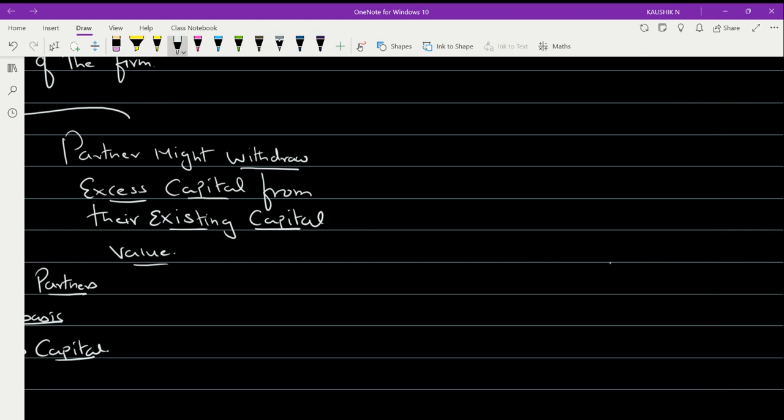Okay, in this also we can derive the problems into two categories: the excess amount withdrawn, and the excess amount not withdrawn. So we can again divide here also into two categories.